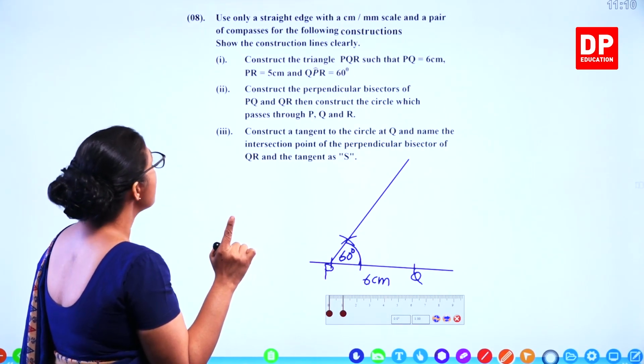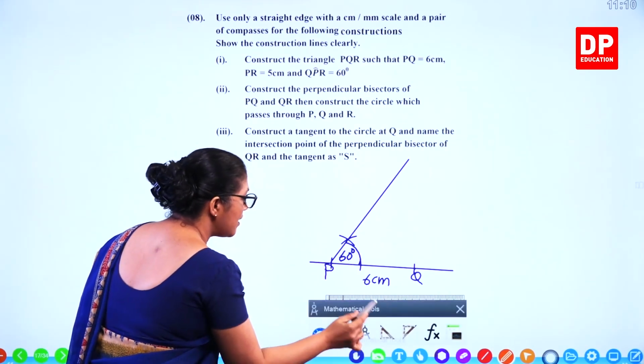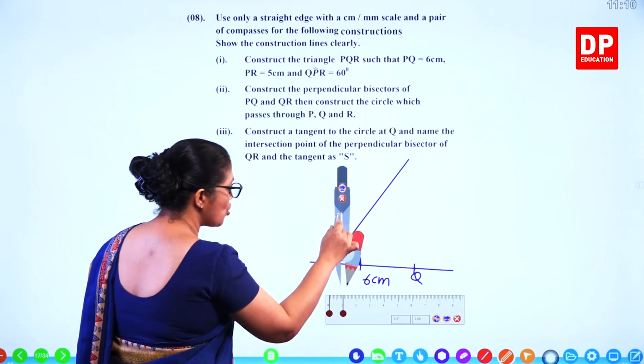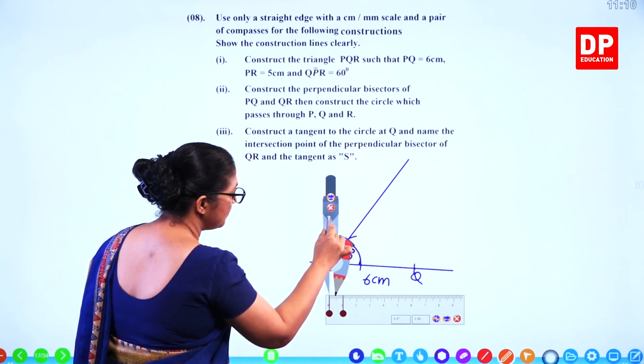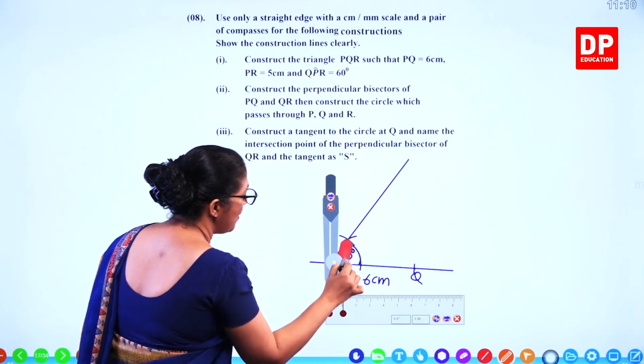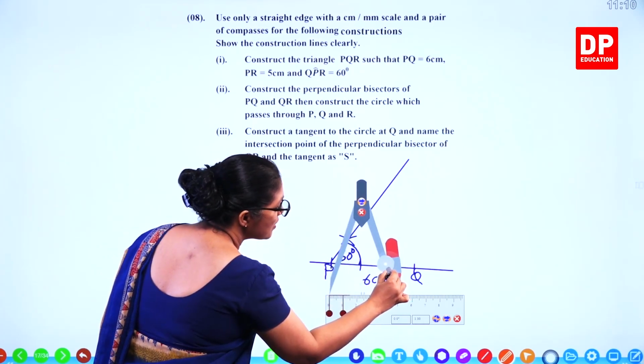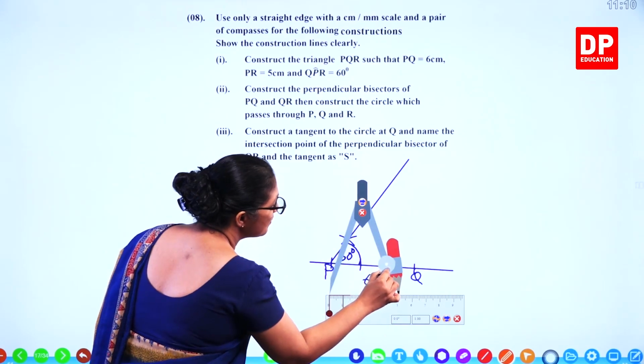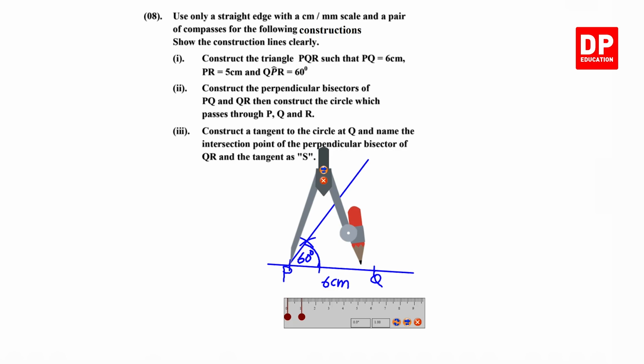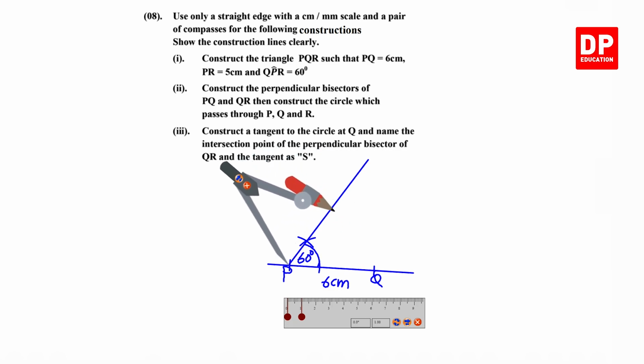Now PR is 5 centimeter length. So take the compass and measure a 5 centimeter length, and you can find the R point. Keep it on top of P and mark the other point.